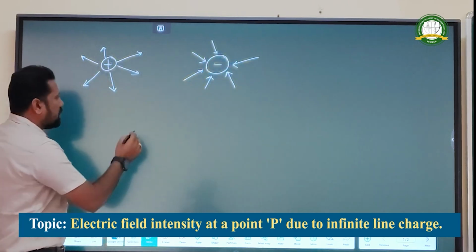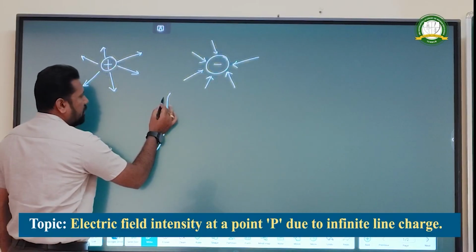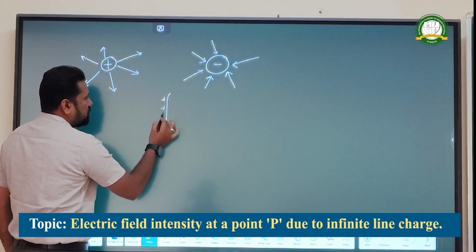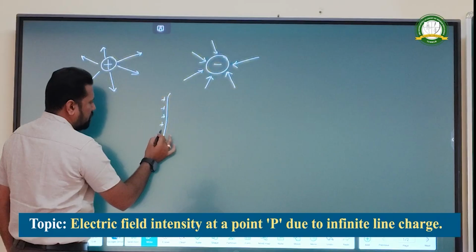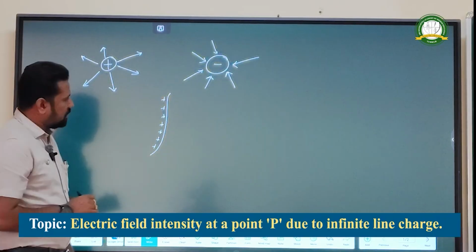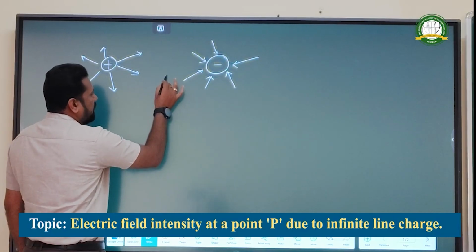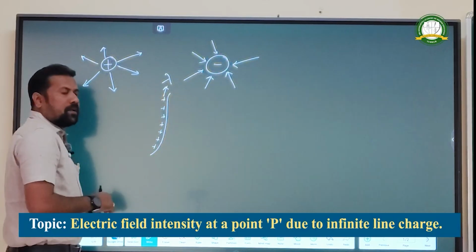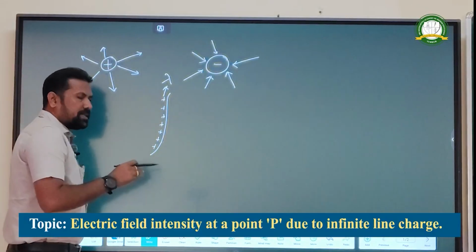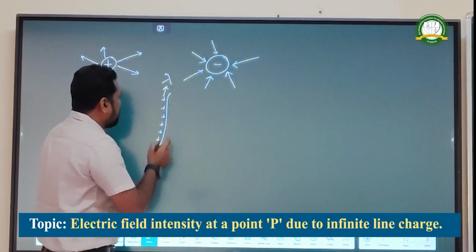If the charges are distributed uniformly over the line, let us assume positive charges are distributed over this line, then it is a line charge. The line charge density is denoted by lambda, and line charge density is defined as the amount of charge per unit length.